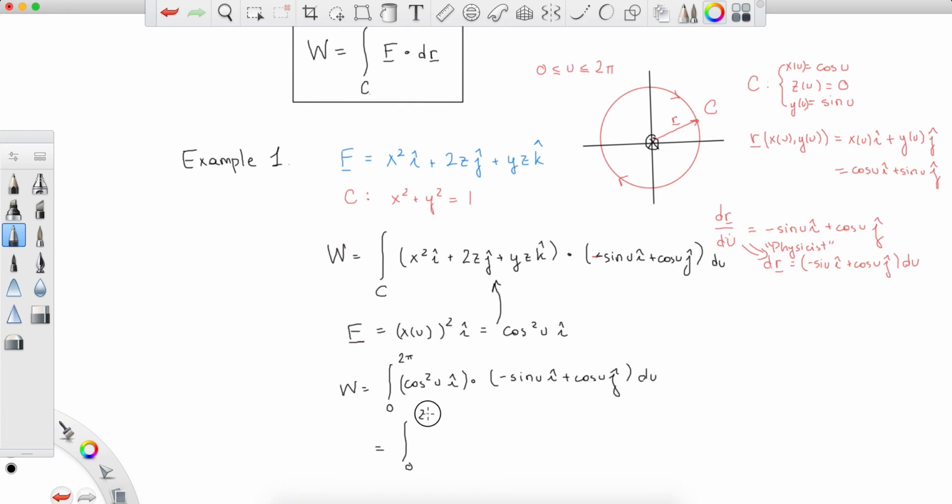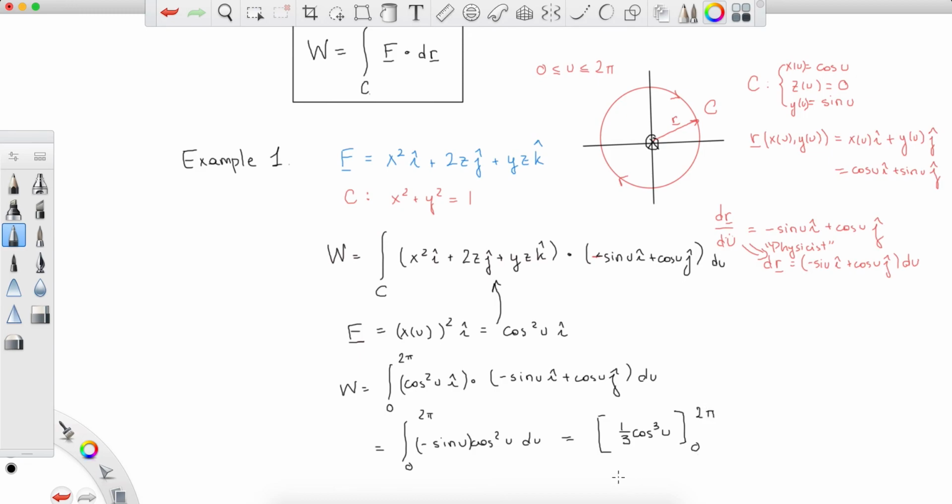So we end up with the integral from 0 to 2 pi of negative sine of u cosine squared of u du, and this is equal to cosine cubed of u for sure, but it's going to be 1/3, right? Because when we take the derivative of this, we get, by the chain rule, 3 times 1/3, which cancels out, cosine squared of u times the derivative of cosine of u, which is negative sine of u. That's great, and it goes from 0 to 2 pi.